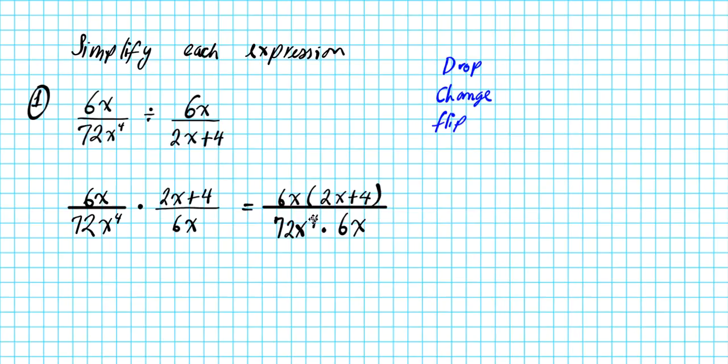Now what we are going to do is decompose each term that's expressed as a product of factors, and then we can reduce common factors. What you want to keep in mind is that when you have a binomial expression, it is a package. You cannot cancel any of the terms in there with another term separately. If you want to reduce a binomial expression, you reduce the whole thing as a package.